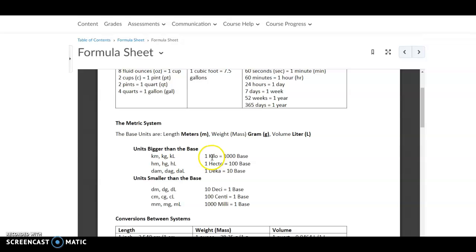So let's say you were talking about grams, if you said 1 kilogram, that would be 1,000 grams. If you said 100 centigrams, that would be equal to 1 gram. So you plug in the base: if you're talking about mass, it's grams; if you're talking about volume, it's liters; if you're talking about length, it's meters in the metric system. So after the prefix, you plug in that base.